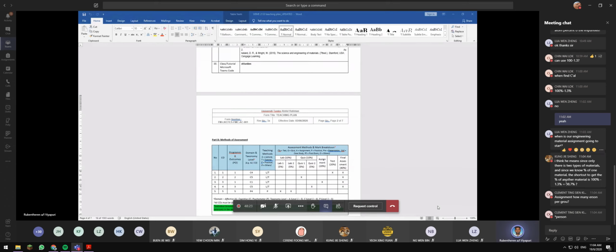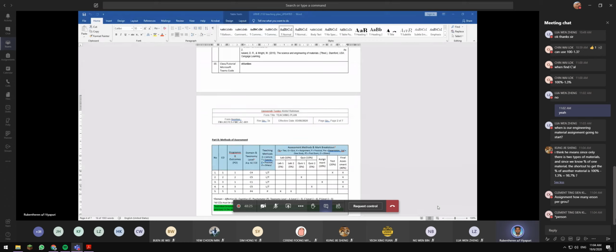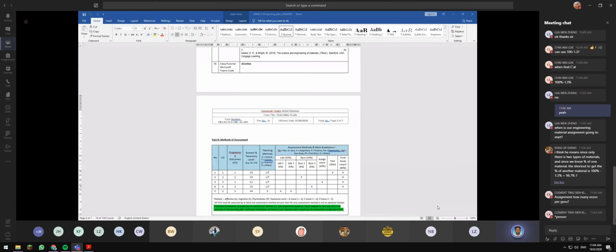Okay, there's a question. I think he means there are only 2 types of materials, since we know the percentage of one material. Because everything overall will be 100%, right?